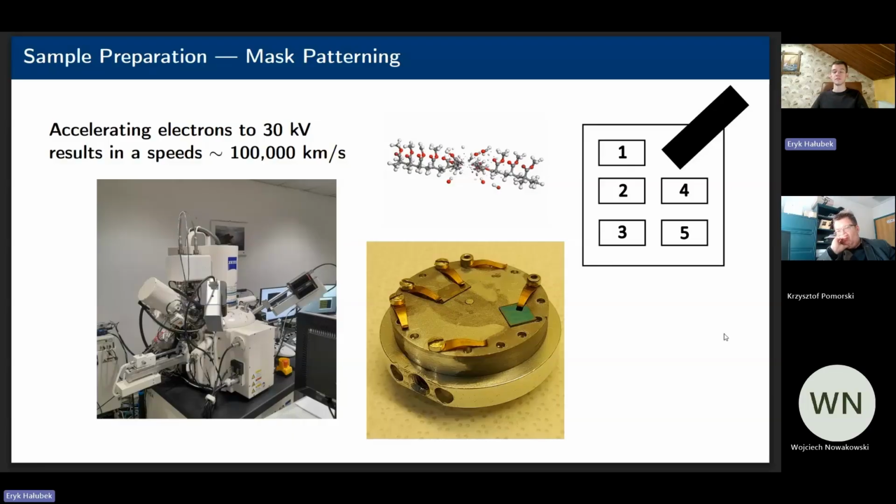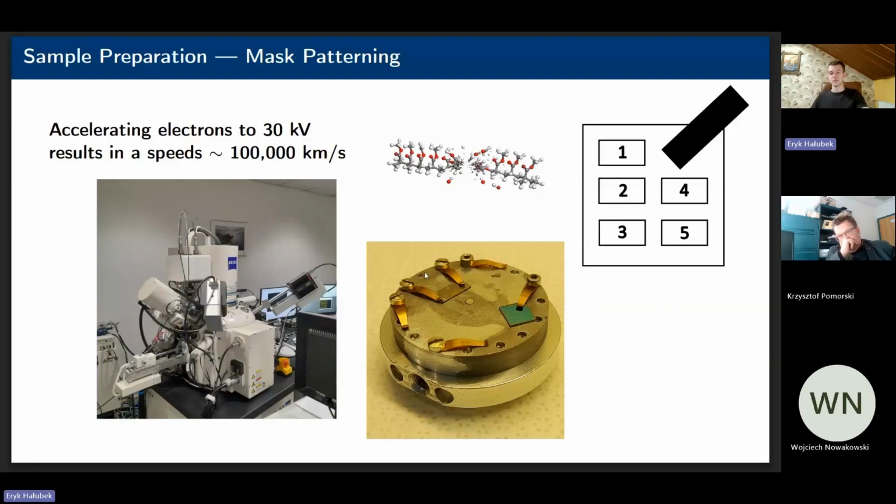And then when such an electron is colliding with the particles of the resist, it breaks them, and it makes these particles more susceptible to our chemicals that are used in the next step to remove what we don't want.